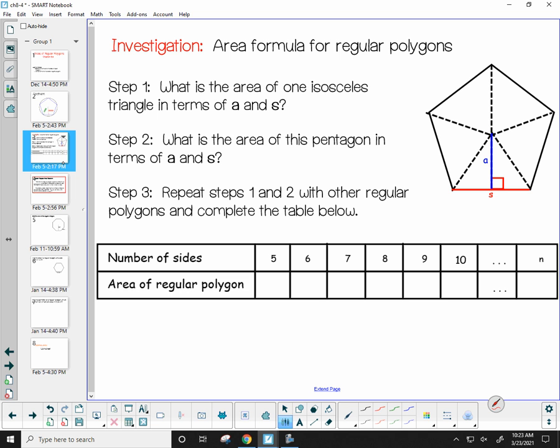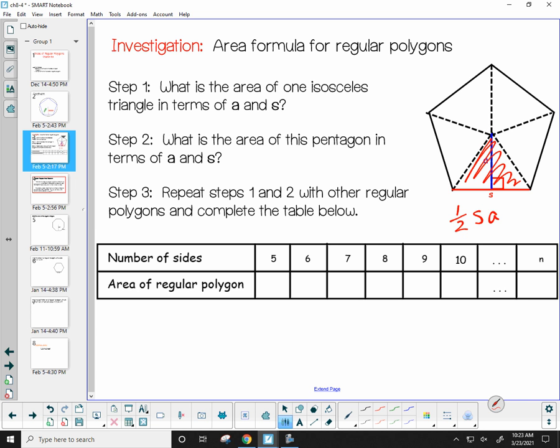I'm not going to plug in any numbers. So how do I find the area of a triangle? 1/2 base times height. So area is equal to 1/2. What is the base of this triangle? S. And what is the height? A. That gives me the area of this single triangle.